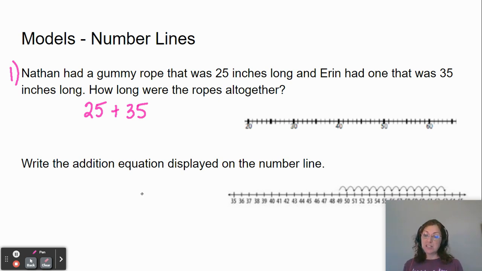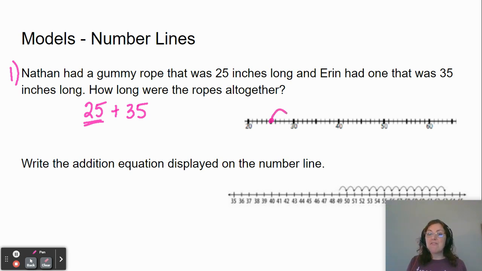So if we're teaching a student who doesn't know the standard algorithm to use a number line to add, the first thing we would do is to tell them to mark the first number. So 25 is right here. Then we would tell them to jump 35. Now, of course, we don't want them to do 1, 2, 3. We want them to use a little bit of speed. So maybe you have them jump by fives.